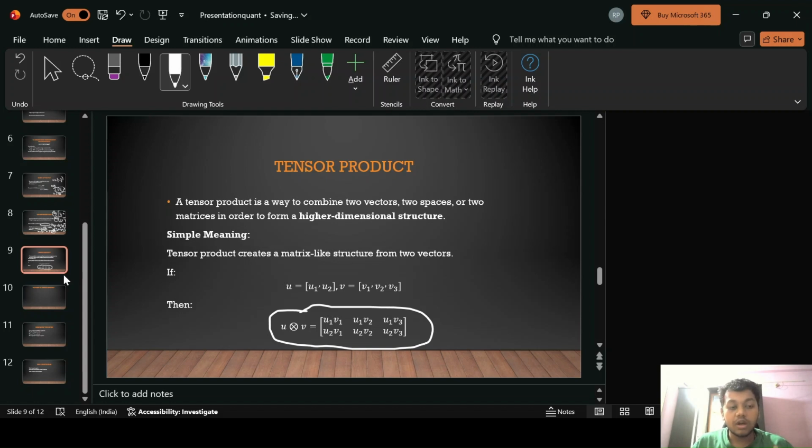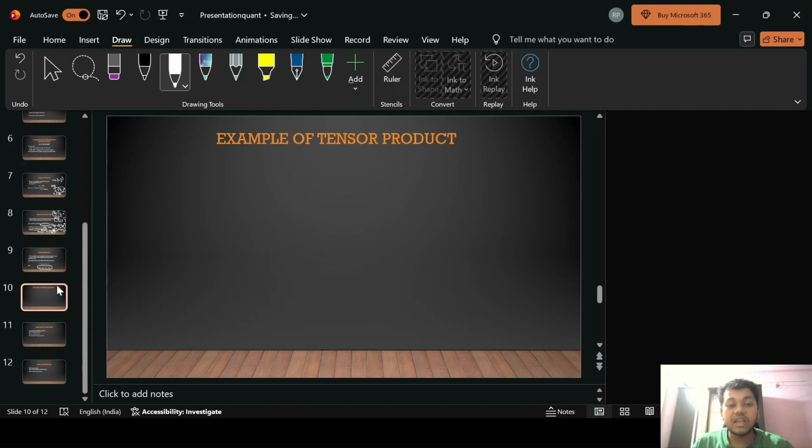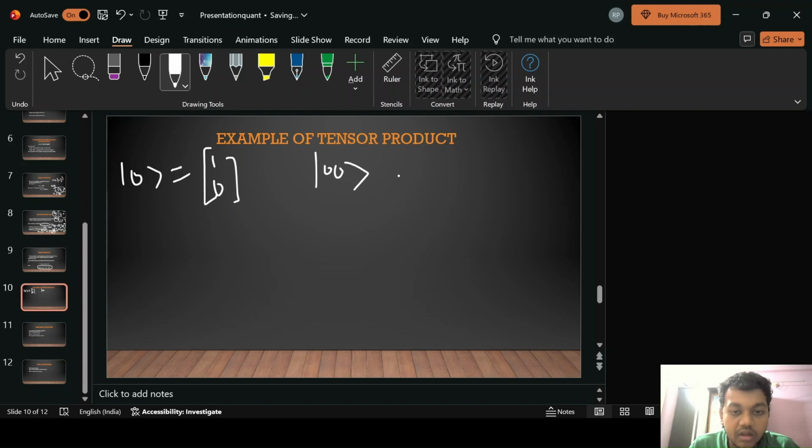For more understanding, we'll see an example. As we know that we have a formula for 0 as 1 0. So let's see how tensor product works in this: 0 tensor product 0.